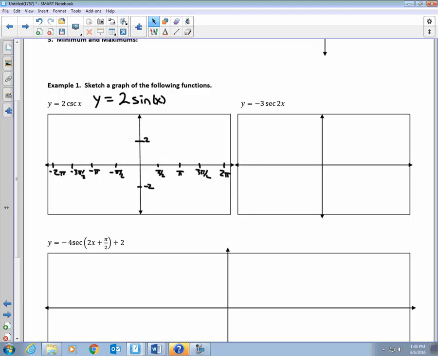Is there a horizontal shift? Is there a vertical shift? No. So therefore, all I need to do is just graph my sine graph.